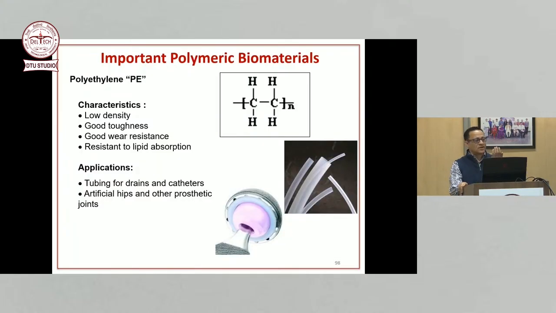Now, of course, whenever you are deciding what application you are making, you need to consider the characteristics of the polymer. Polyethylene: low density, good toughness, good wear resistance, can be used for tubings for drains and catheters, artificial hips and other prosthetic hip joints.